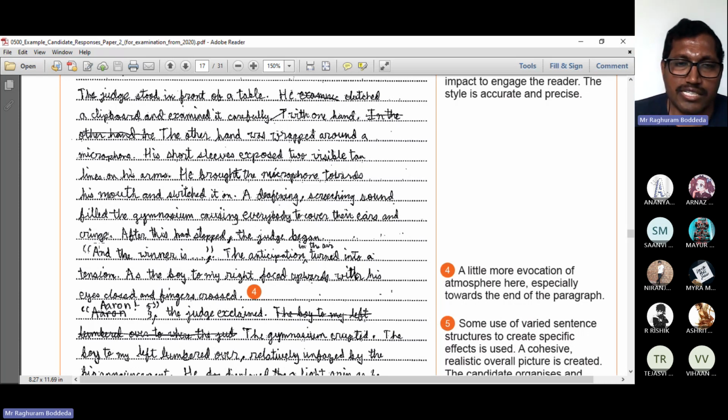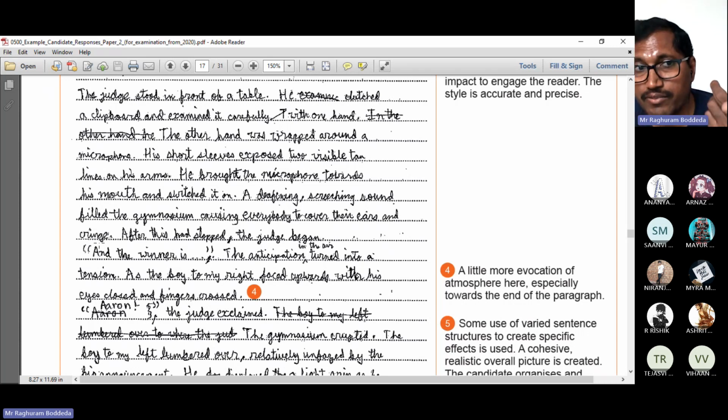All of this describes the personality, not only of the contestants. Here we are talking about the judge's personality, how he looks. But actually, the question was about the contestants before and after the win. So these things are brought into that particular journey as a description part.